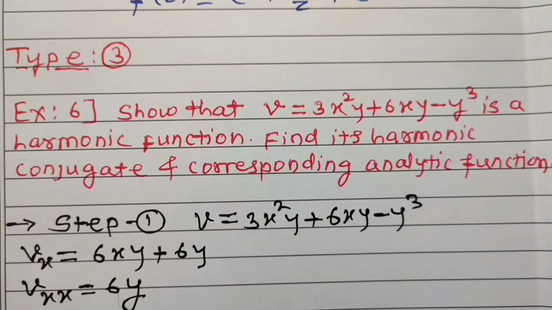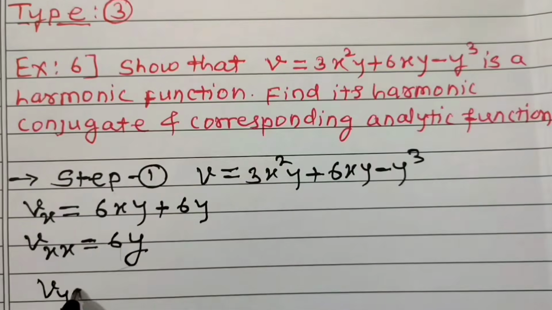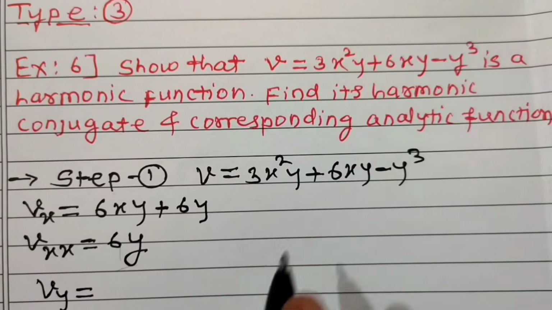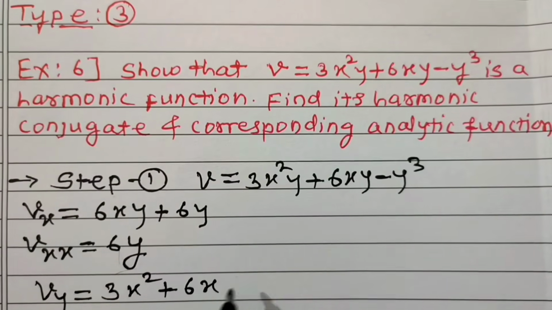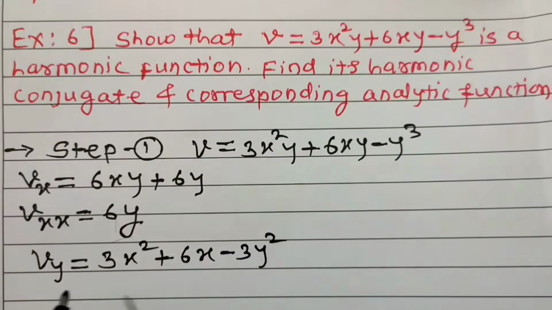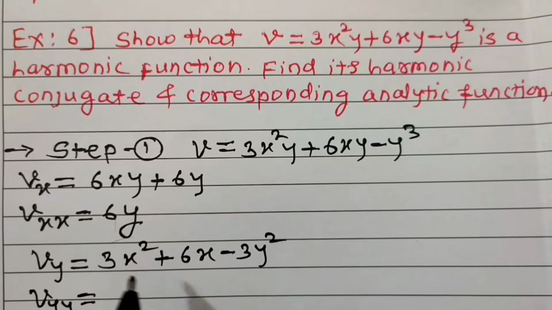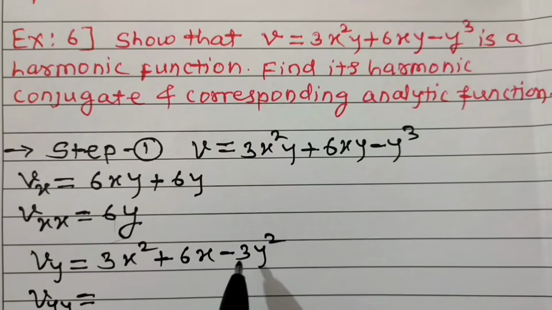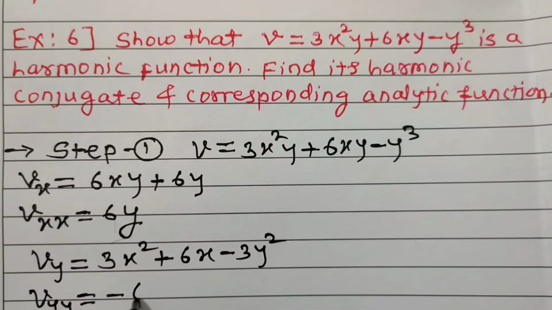Now partially differentiate v with respect to y. Vy is equal to, considering x as constant, 3x square plus 6x minus 3y square. Again partially differentiate this with respect to y. Vyy is equal to, the derivative of this becomes 0, the derivative of this also becomes 0, and the derivative of minus 3y square is minus 6y.